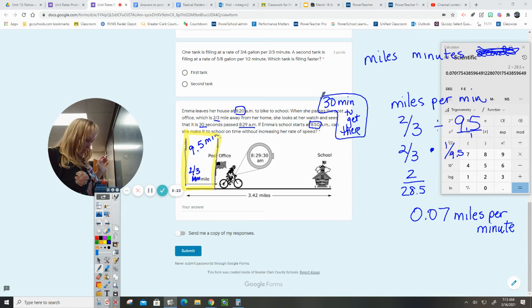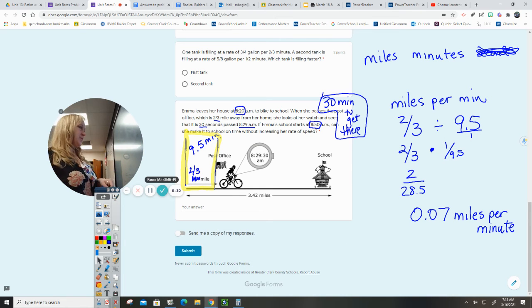So I'm going to change colors and think this through. Basically, I need to know if she can go this distance in this amount of time.